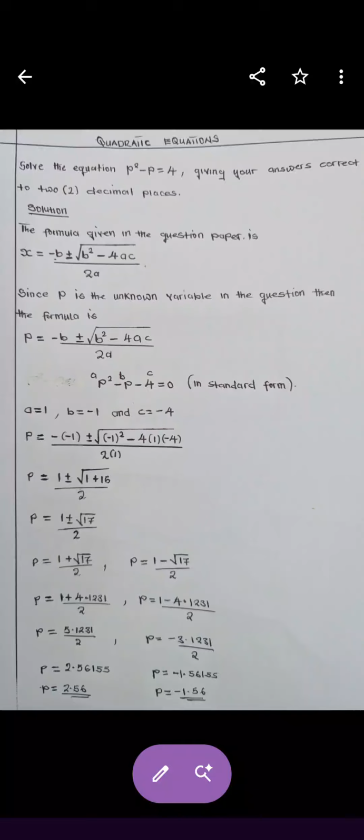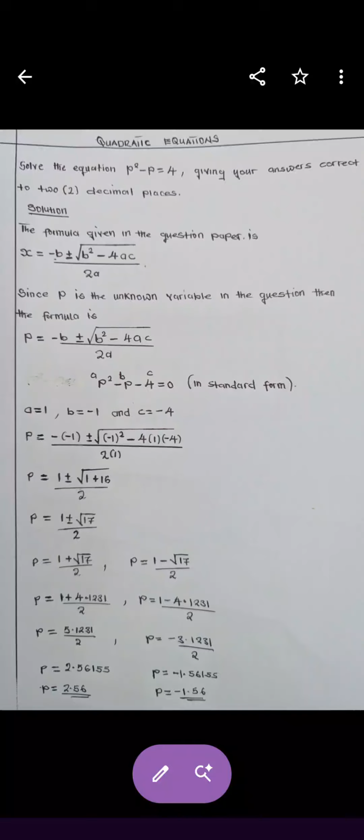Inside the square root, we have negative 1 which is inside the brackets raised to the power 2, which is negative 1 times negative 1 will give us 1, plus 16. Now, where is this 16 coming from?